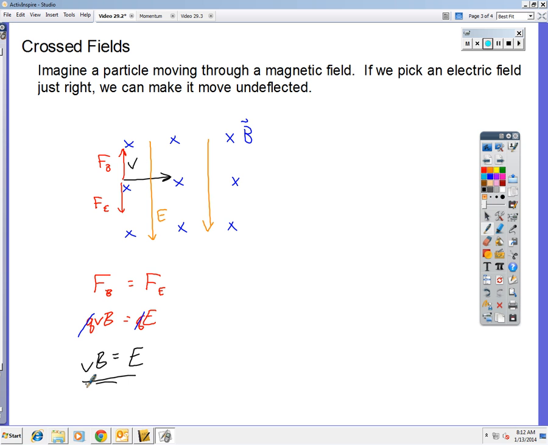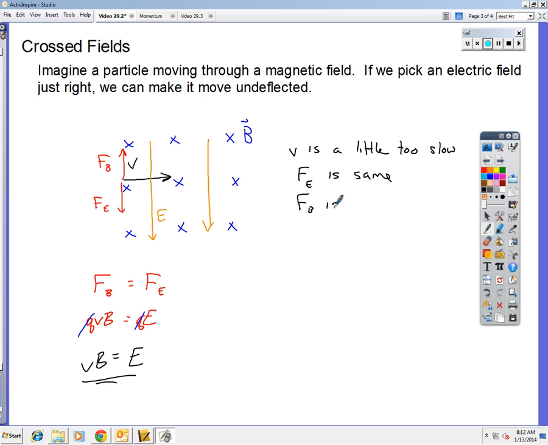Now let's say that this particle were not going quite fast enough. So V is a little too slow. Now what happens there is that the electric force is the same, because the electric force does not depend on how fast the particle is going.